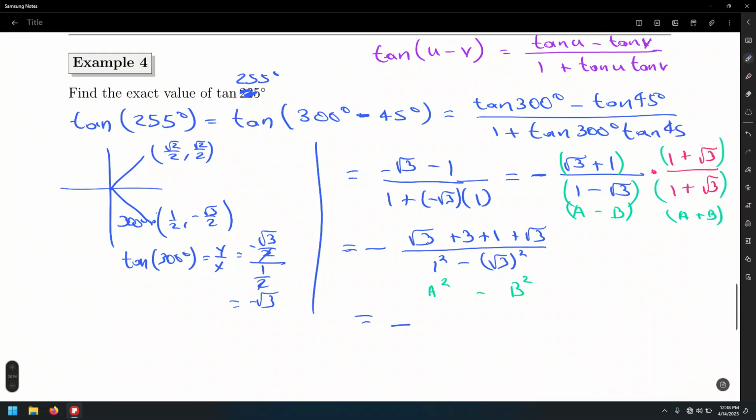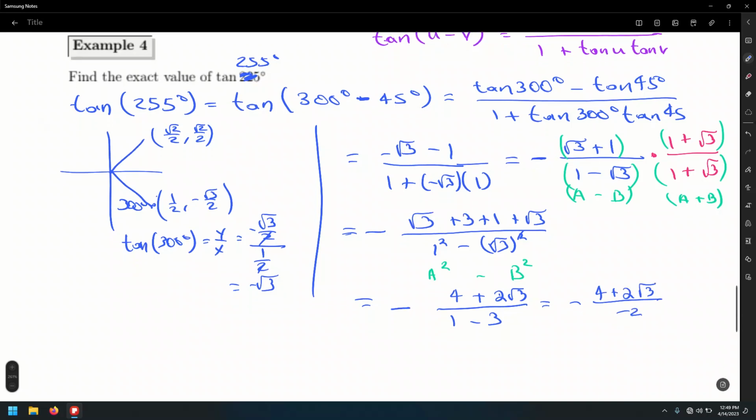So that'll be negative. Root of 3 plus root of 3 is 2 root of 3. 3 plus 1 equals 4. And in the denominator, the radical 3 is canceled with the square to give us a 3. And that's negative 4 plus 2 root of 3 divided by negative 2.